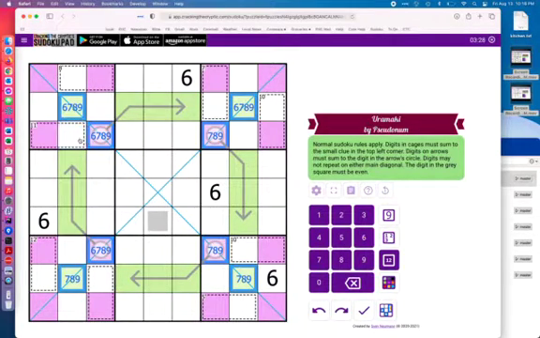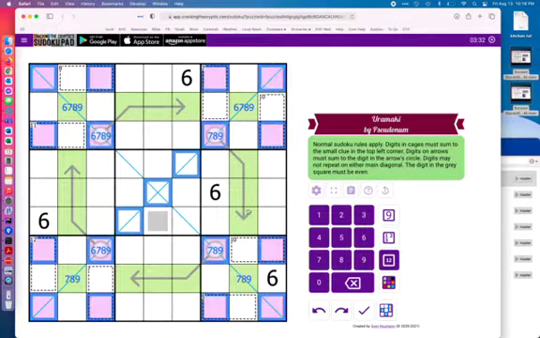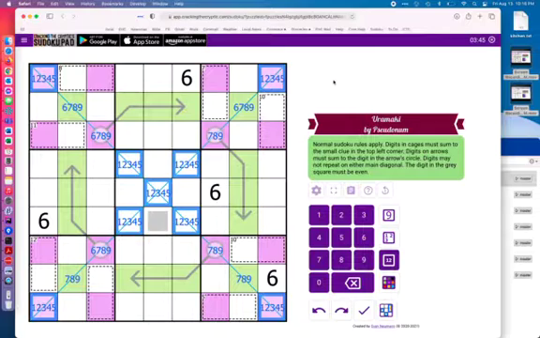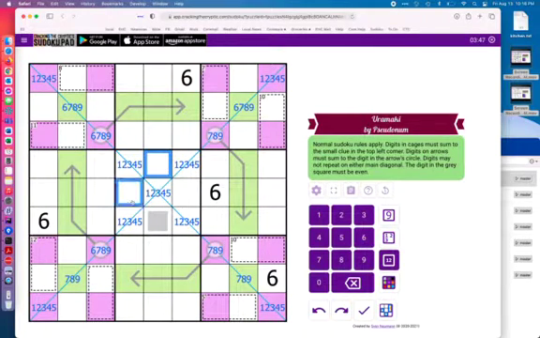So that means every other digit on both diagonals is actually a 1, 2, 3, 4, 5. And then that forces this middle box, these 4, to be 6, 7, 8, and 9.